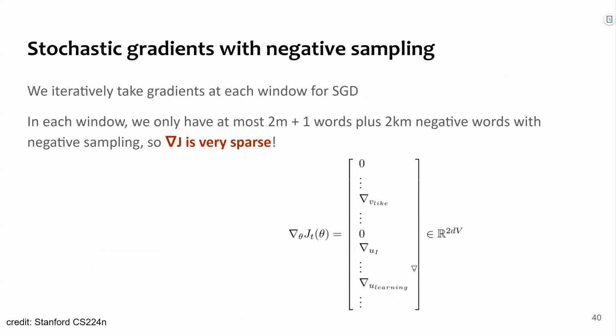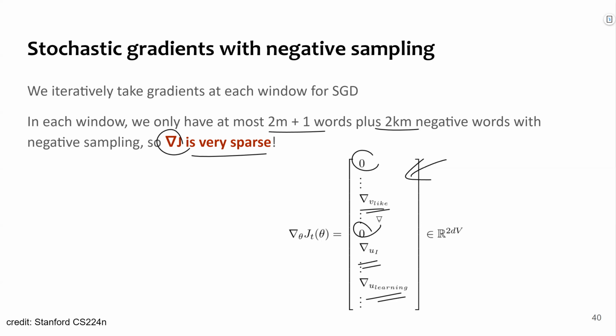We iteratively take gradients at each window for SGD, and in each window we only have at most 2n+1 words plus 2km negative words with negative sampling. What this means is the gradient is very sparse. Other words not in the window at the moment will be 0, and only the words in our window will have some values in their locations.